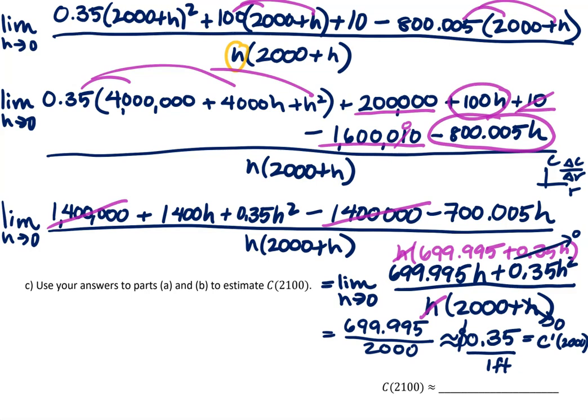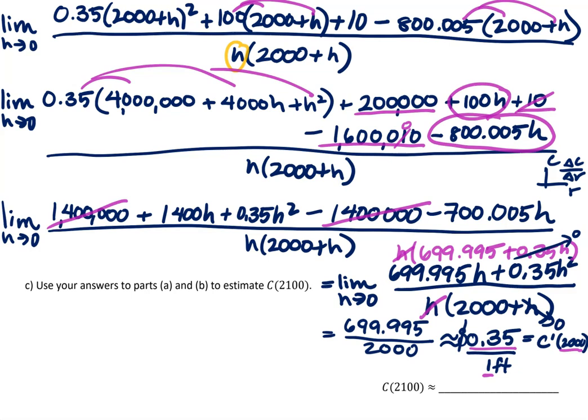This does not mean that it's always 35 cents per foot. This absolutely is changing depending on what production level we're at, but that's what it means for us right now. Based on that interpretation, and let me say before I move on, again, it's really important that you include all numerical values in your interpretation, your explanation. So the 2,000 should show up, the 0.35 should show up, and the 1 should show up.